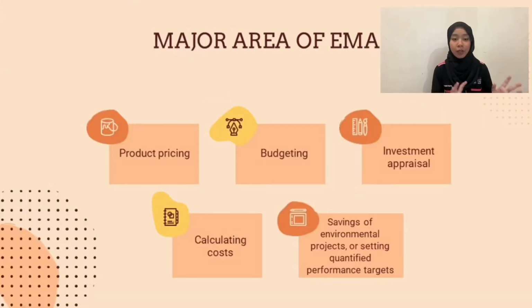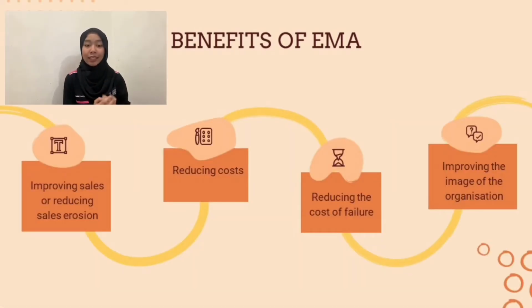There are a few major areas of EMA. The first one is product pricing, budgeting, investment appraisal, calculating costs and also savings of environmental projects, or setting performance targets. So what benefit does the EMA provide? Firstly, it will improve sales or reduce sales erosion.